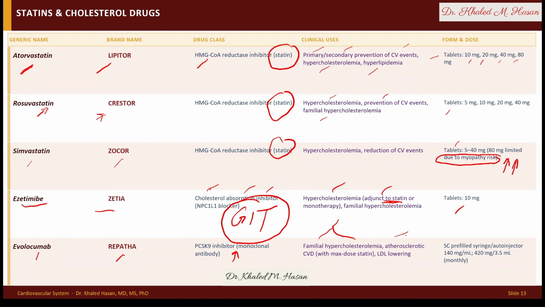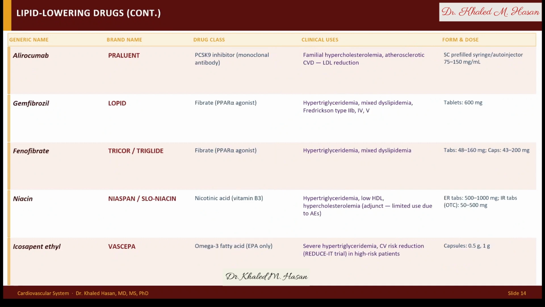Someone suffers from atherosclerosis. This patient is placed on a high dose of simvastatin, and there's no control of the cholesterol. We add evolocumab, Repatha, available as subcutaneous pre-filled syringes with the auto injector. So this is the first group of medication for cholesterol.